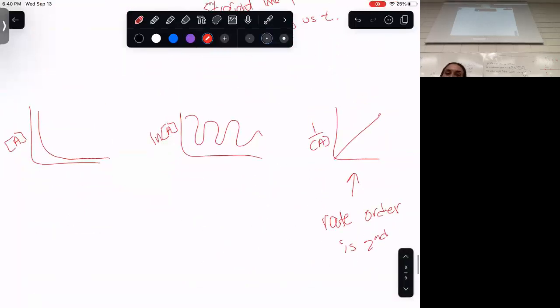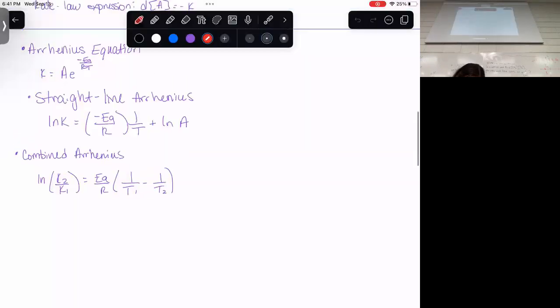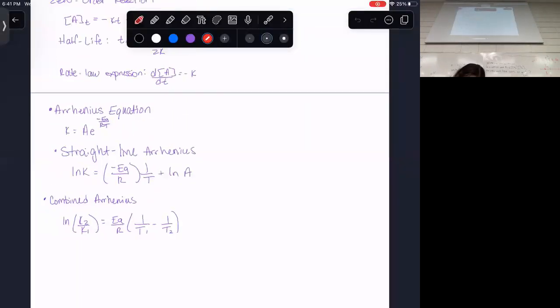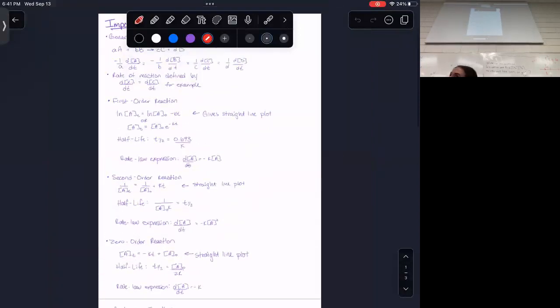I'll post these two. The Zoom is still recording, so. And then anyone else need this right now? I did go through important equations.